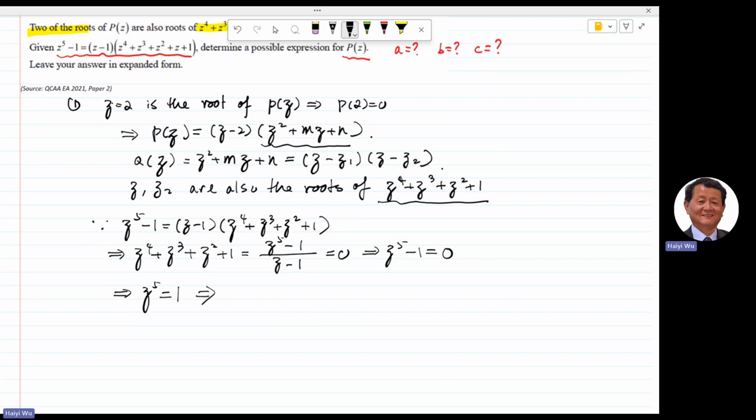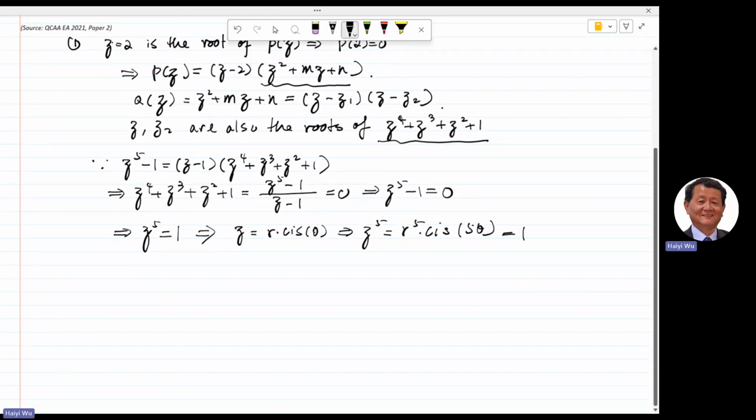Now we're going to use De Moivre's theorem. Let z equal r cis theta. Then z to the power 5 will be r to the power 5 cis 5 theta.